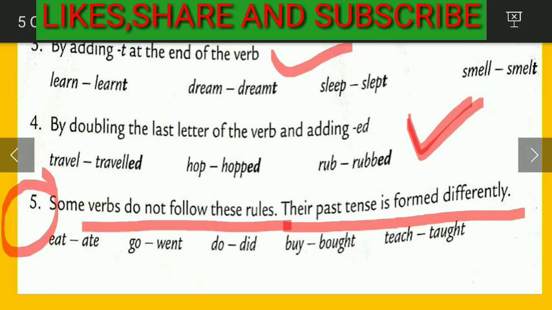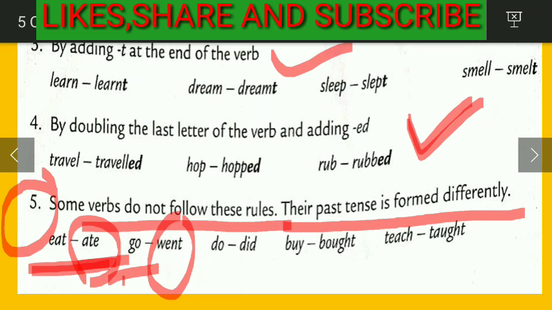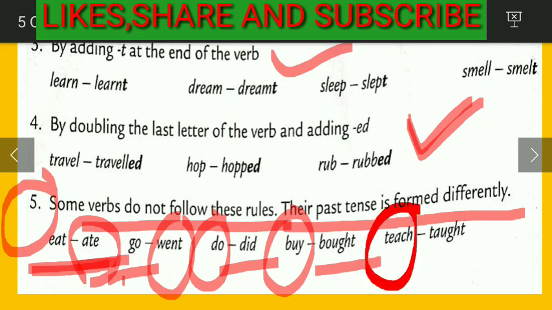Like see here, the verb is eat, and while changing it into the simple past tense, we get ATE. Likewise, the simple past tense of go is went, of do is did, of buy is bought, of teach is taught.